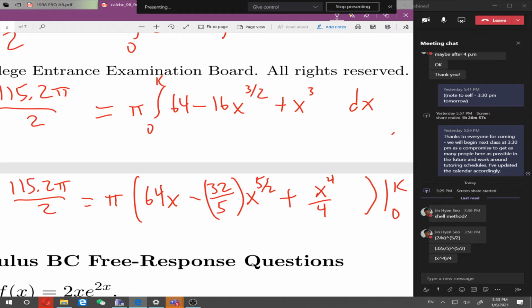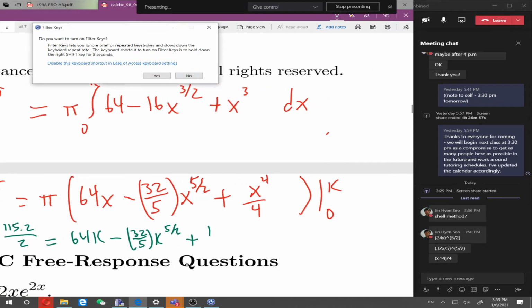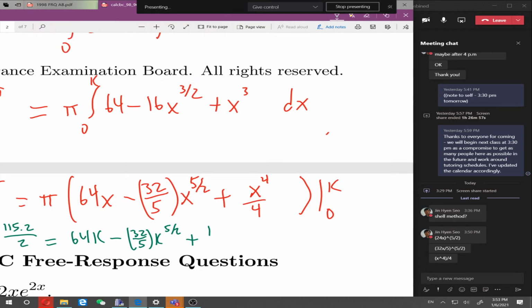We get 64k minus 32 over 5 times k to the power of 5 over 2 plus k to the 4th power over 4. And I guess since it's 0, I think that's it. Right, so our lower bound is going to completely cancel out.